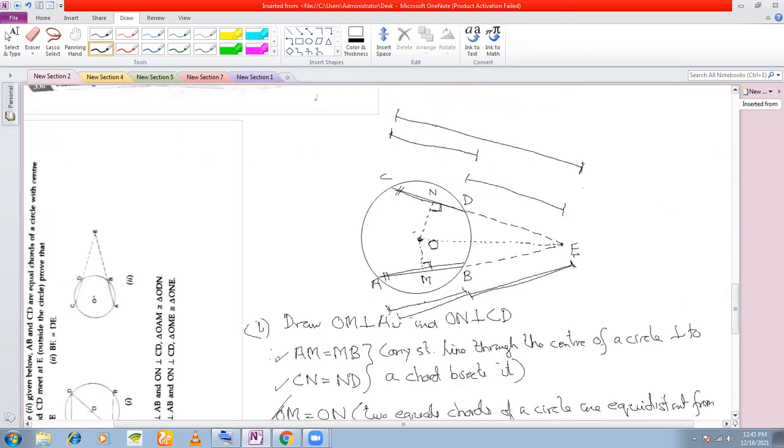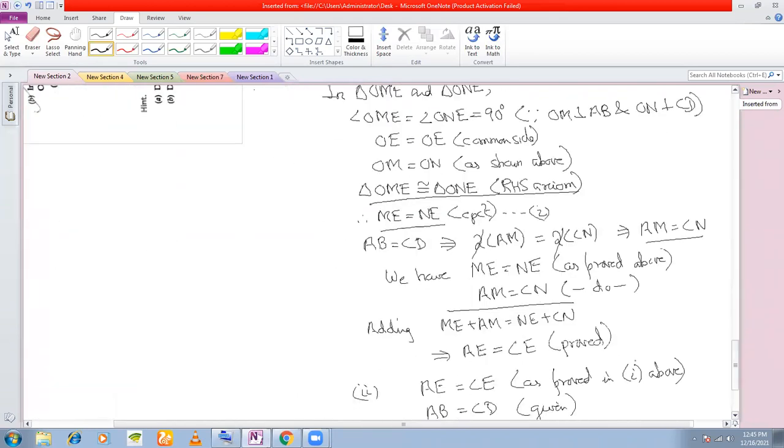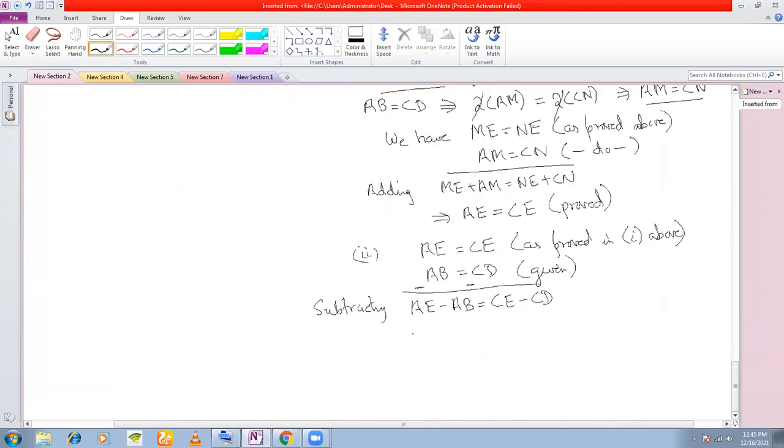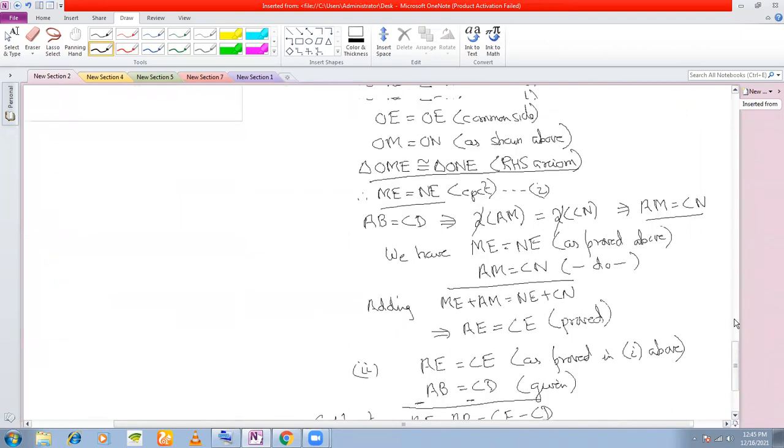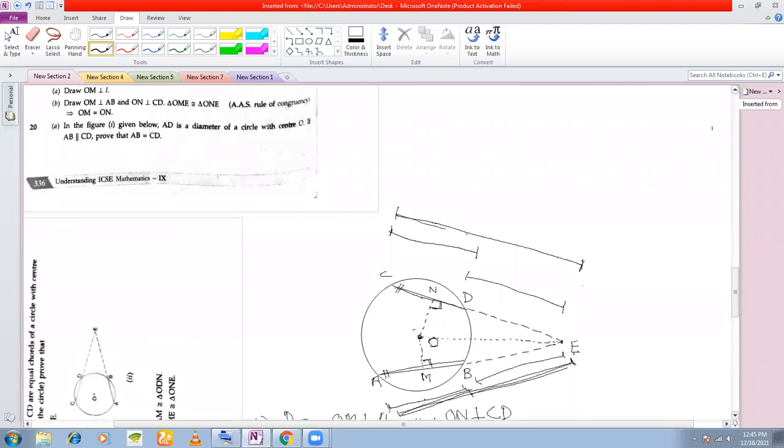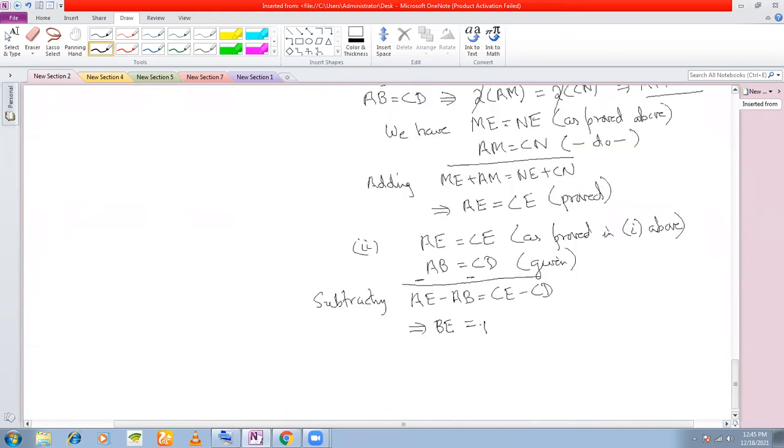As I told you in the beginning, from the entire length, if you subtract the length of the chord AB, you're going to get BE. Similarly, CE minus CD: from this entire length CE, if you subtract the length of this chord, you're only going to get this length, DE. So BE is equal to DE. And this was the required proof. That's it.